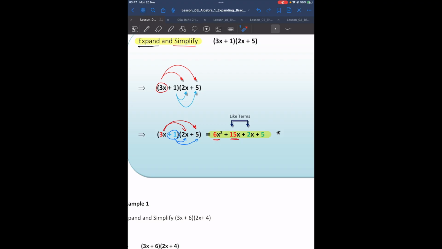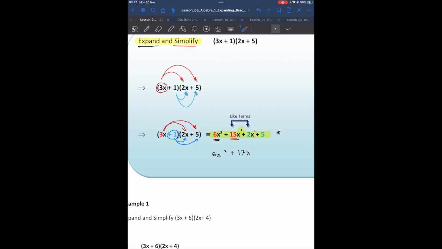We're then going to collect up the like terms. Now, the like terms are the terms which have the same letter and the same power. So what you'll see is that the two middle terms both have x to the power of 1. So the 15x and the 2x are like terms. We can't simplify the 6x squared, so we just have to leave it as it is. 15x plus 2x will give us 17x, which is our next term.